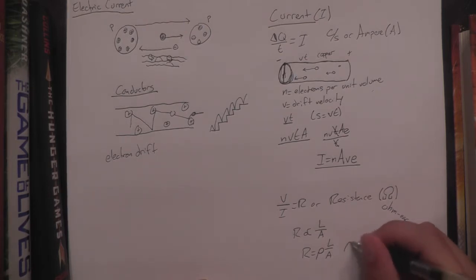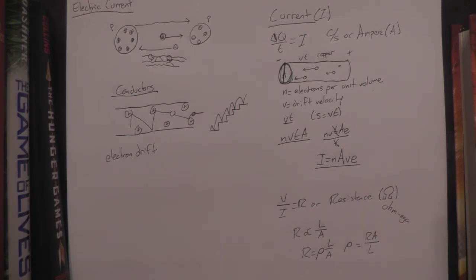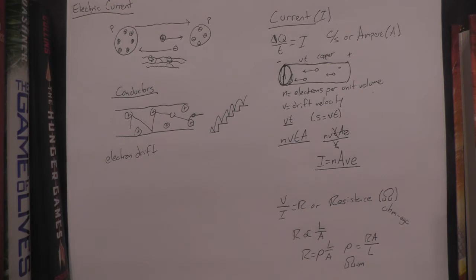You rearrange this and you get resistivity equals resistance times the cross-sectional area over the length. And the units for resistivity are ohms times meters. And if you have, say, something that has a length of 1 meter and a cross-sectional area of 1 meter squared, then your resistivity is going to equal your resistance.